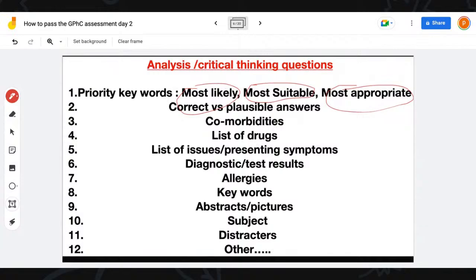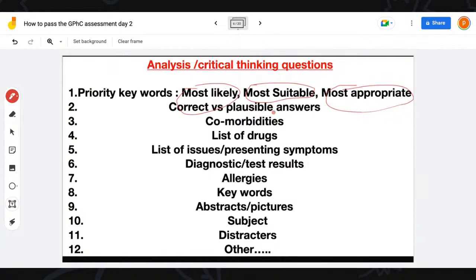So you may see a common side effect. A drug could cause one side effect and also cause another, but you have both in the same question. But they're looking for a correct one, and I'm going to show you how to distinguish between a plausible answer and the actual correct answer.